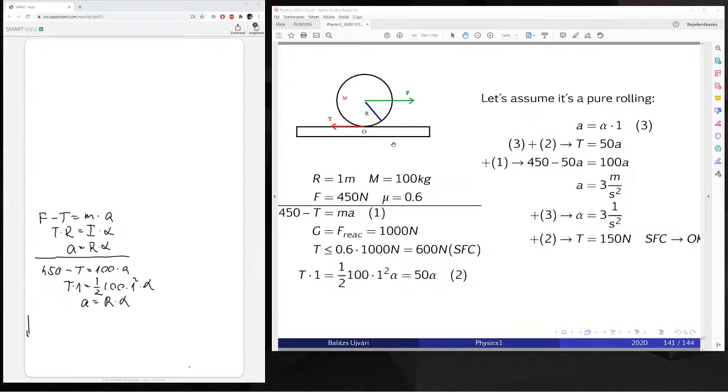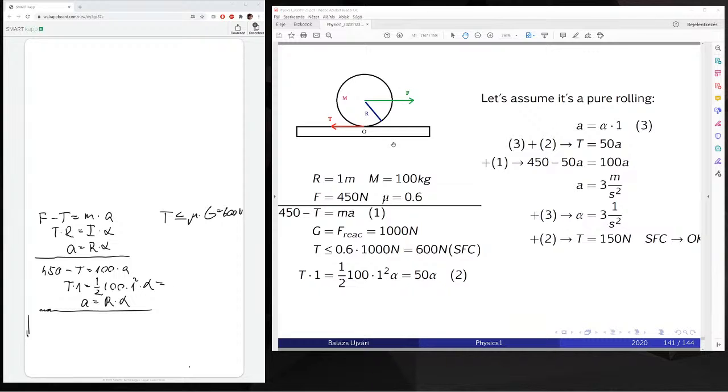Pure rotation means the friction can be large enough for the pure rotation, but we know for the friction we have an upper limitation, mu times weight, because this weight is the perpendicular force. So since we know mu equals 0.6 and the mass is 100, it's 600 Newton, the maximum possible friction for static friction.